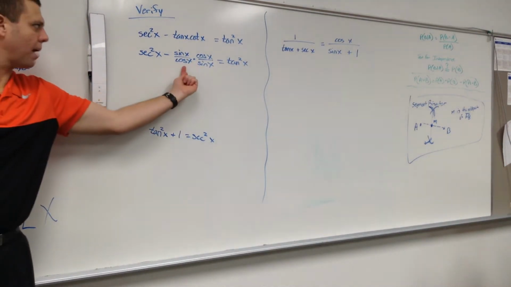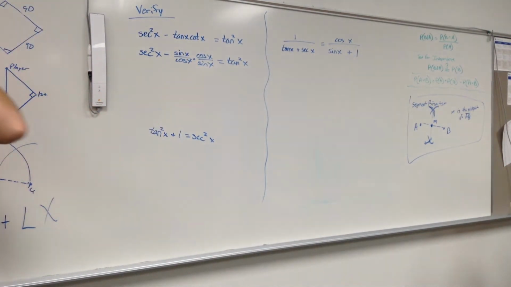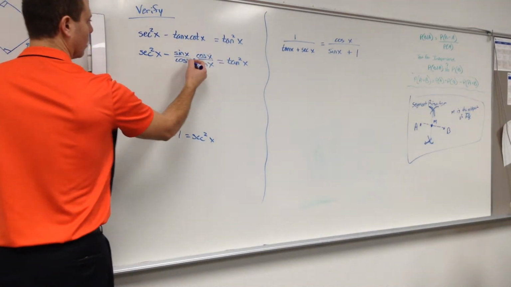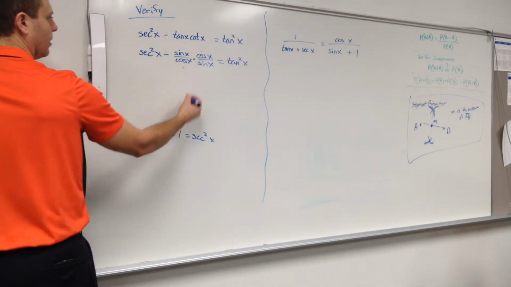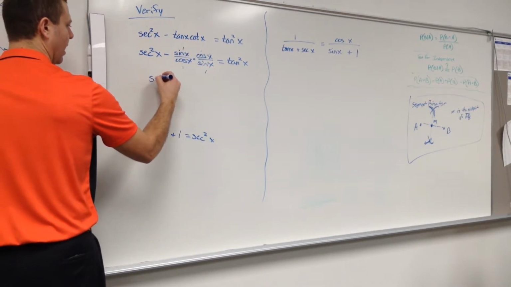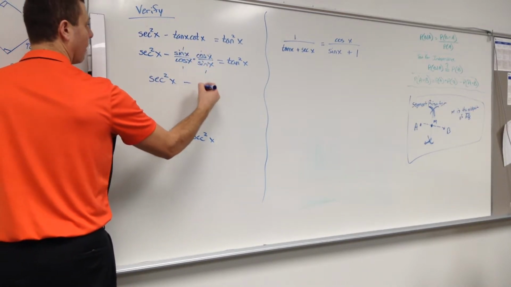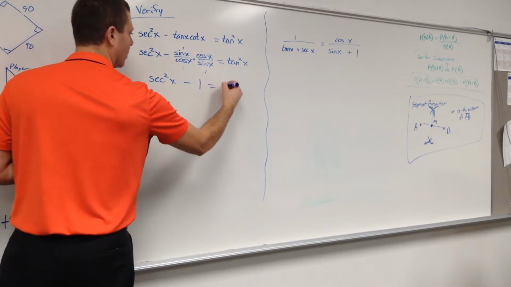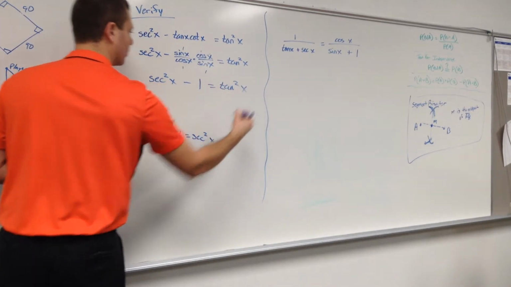Now can you see what's going to happen when I multiply those two fractions together? They're going to reduce to what? 1, right? Because cosine over cosine would reduce to 1 over 1. Sine over sine would reduce to 1 over 1. So now I have secant squared x minus, that's just 1, equals tangent squared x.